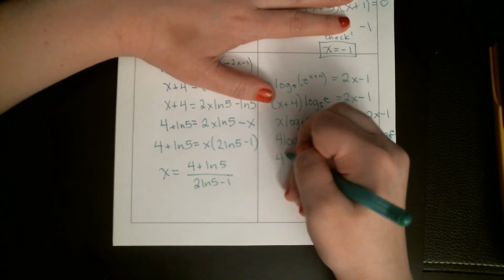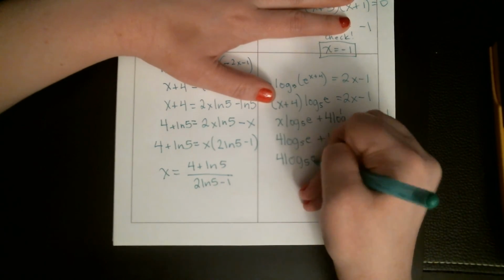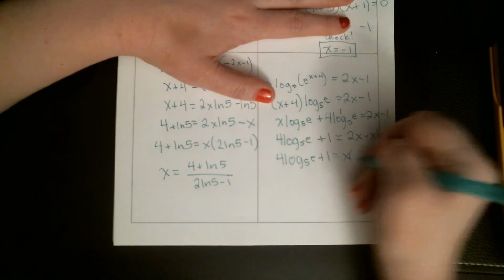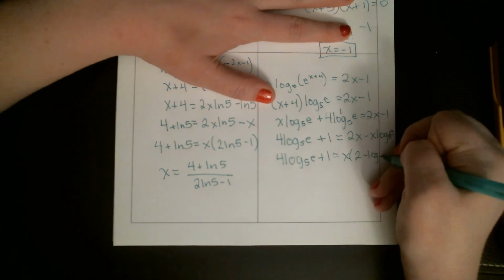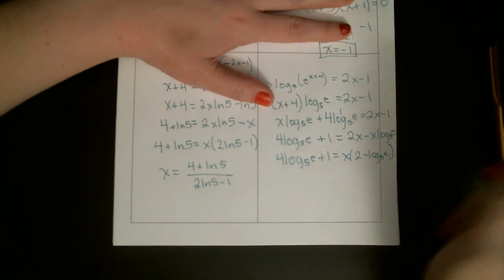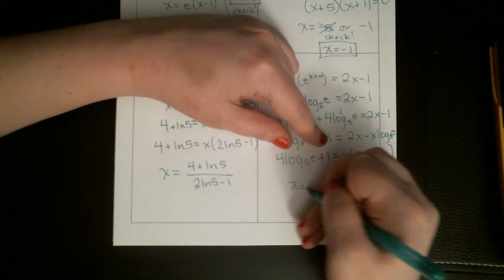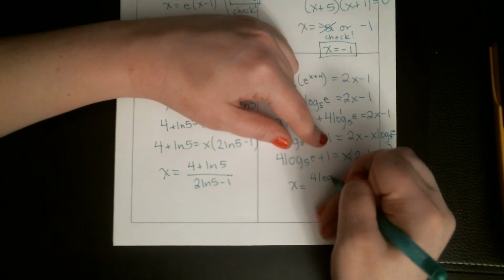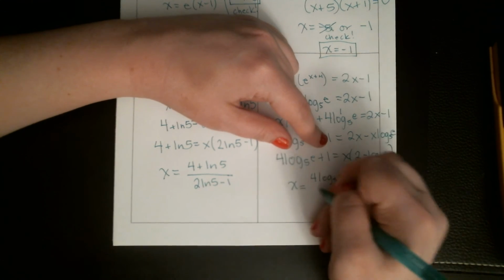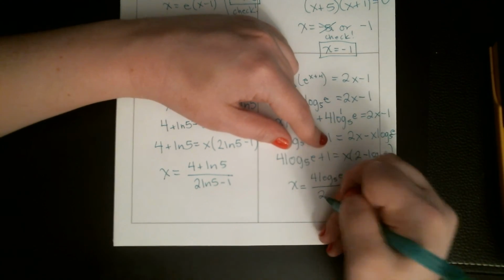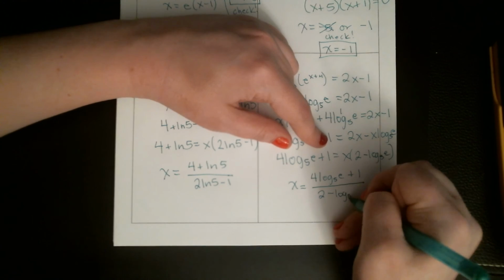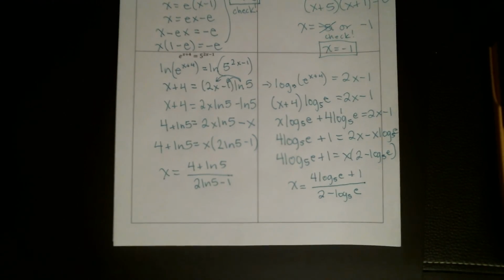I can then factor out the x. And divide. So I'll get the 4 log base 5 of e plus 1 over 2 minus log base 5 of e. Again, I have no preference between answers here.